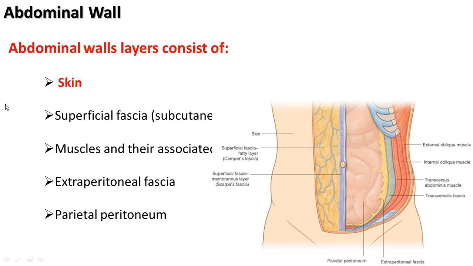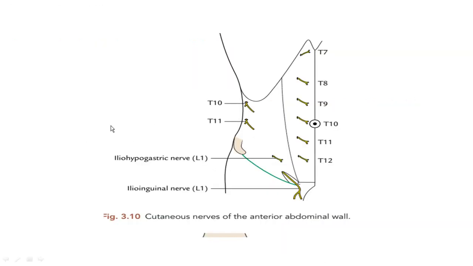Skin of the anterior abdominal wall is thinner and more sensitive than the skin of the posterior abdominal wall. And we have the cutaneous nerves of the anterior abdominal wall, as you can see in this picture.